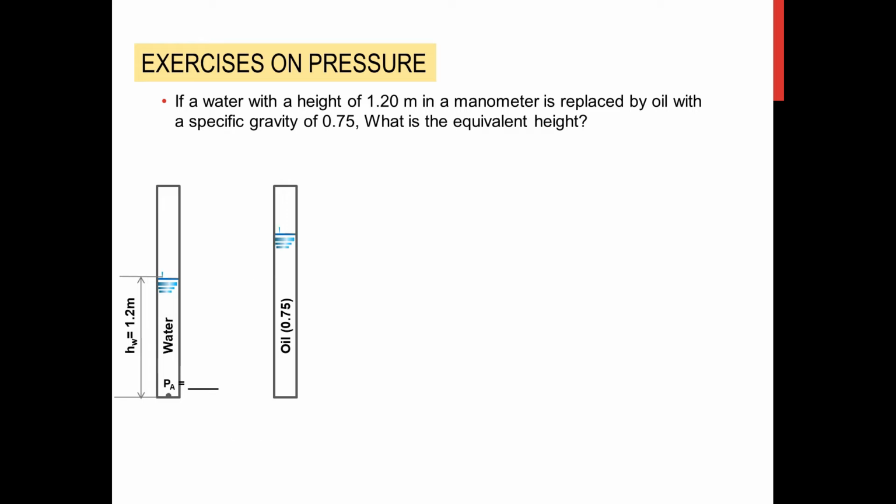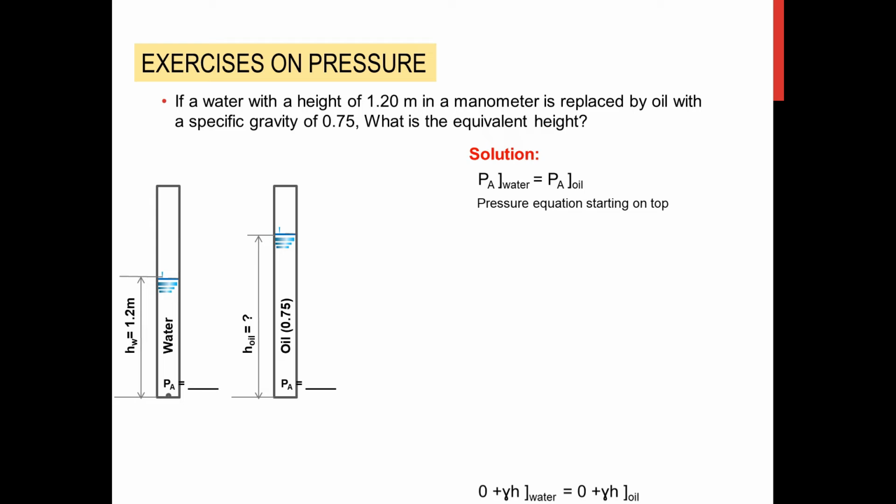We do not know this yet, the height of oil, but we need to satisfy the same pressure generated by the head of water that is equivalent to 1.2 meters. So for our solution, we'll just have to equate that PA due to water will be equal to the pressure at A due to oil.